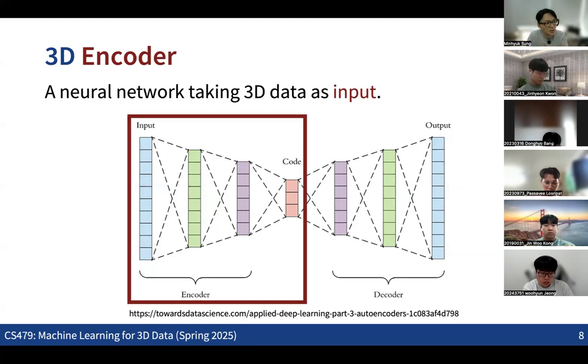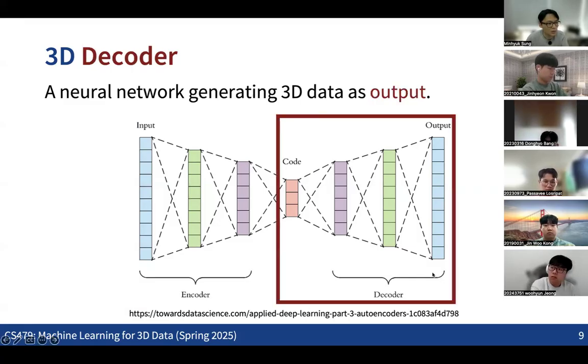One is the encoder, which takes the 3D data as the input and makes different outputs. The other is the decoder, which produces the 3D data as the output. Then for these applications, 3D perception, reconstruction, and generation, what types of networks would be needed?